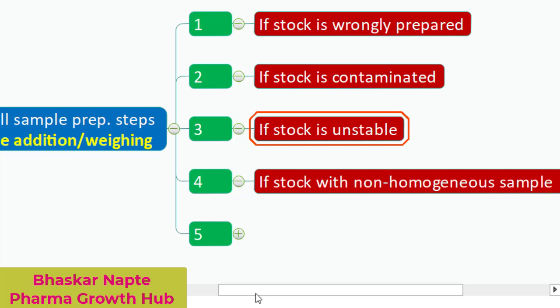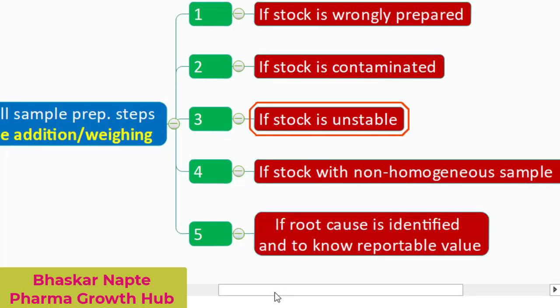And this is your corrective action plan now. So now you are going to analyze the available sample solution in the lab by using the correct filter paper. This is needed to understand what is the actual reportable value.